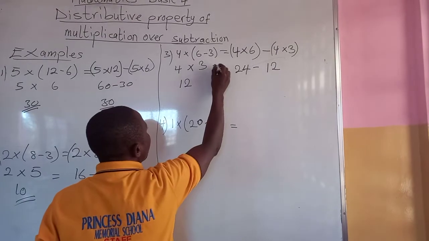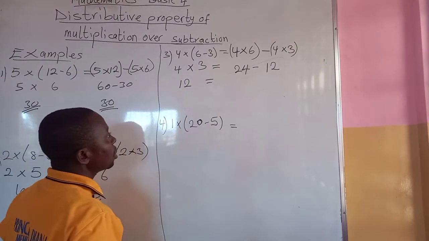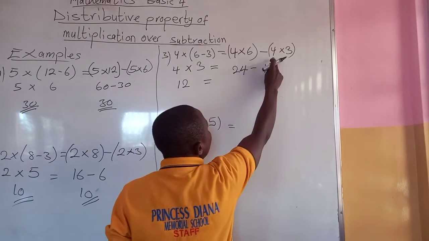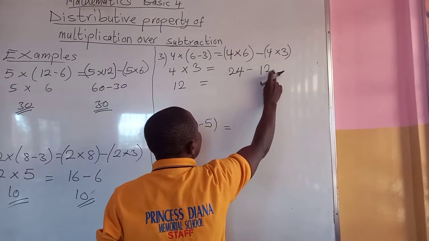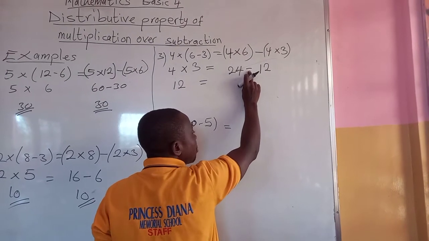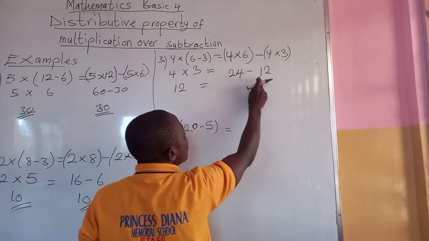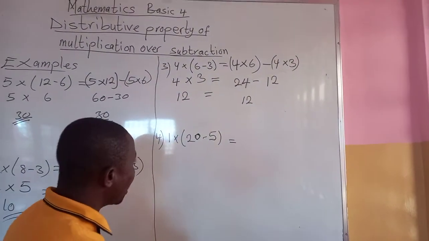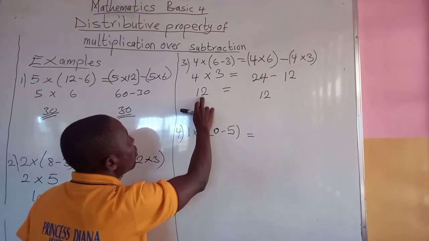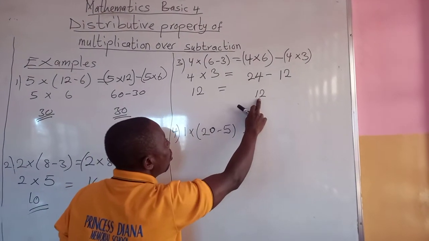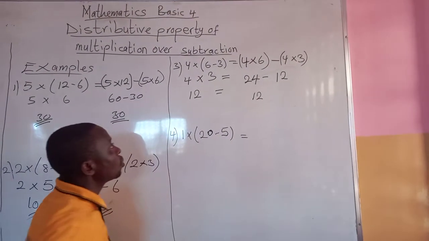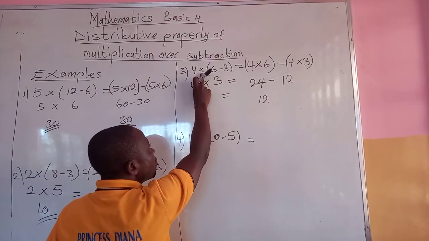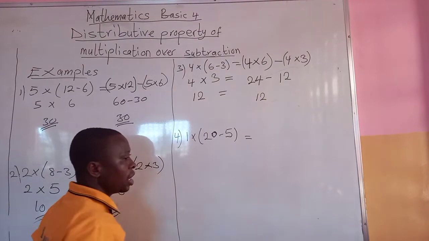Here we have 4 times 6 is 24, then 4 times 3 is 12. But the operation here is subtraction, so 24 minus 12 will also give us 12. Now let's compare the answers. Here we have 12, and here too we have 12. So multiplication is distributive over subtraction here.